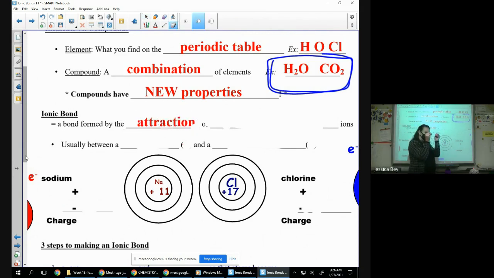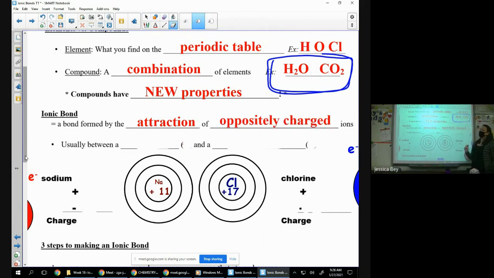So if you think of like magnets sticking together, they pull each other together with an attraction of oppositely charged ions. They are formed by the attraction of oppositely charged ions. So that means we need a positive something and a negative something.